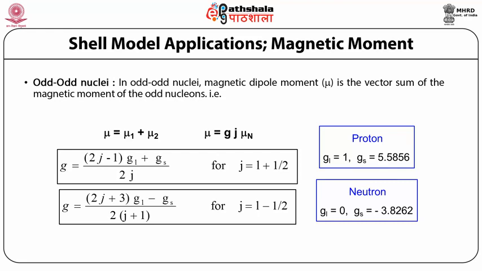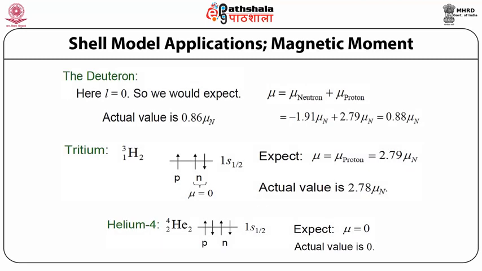For proton again Gl is equal to 1, Gs is equal to 5.5856, for neutron Gl is equal to 0 and Gs is equal to minus 3.8262.